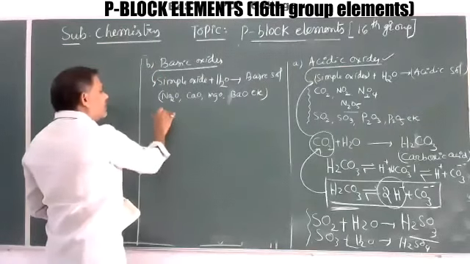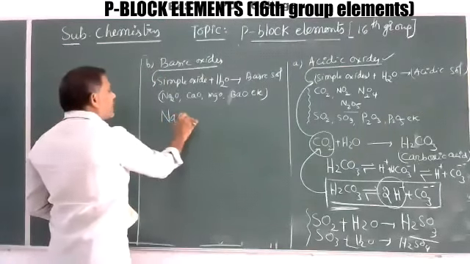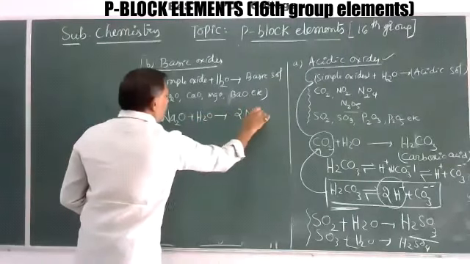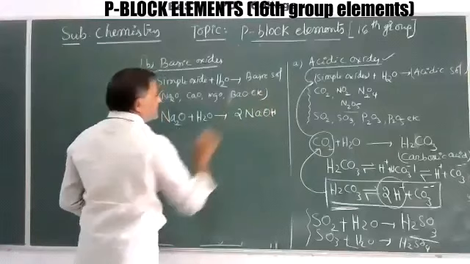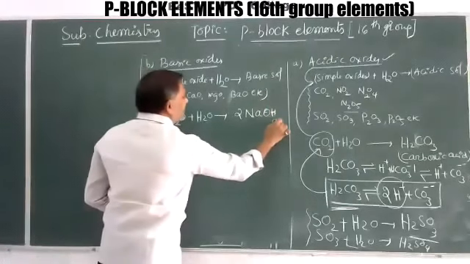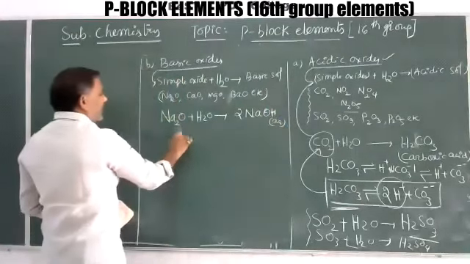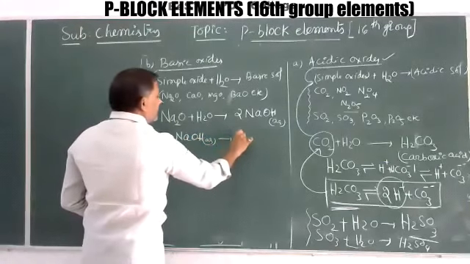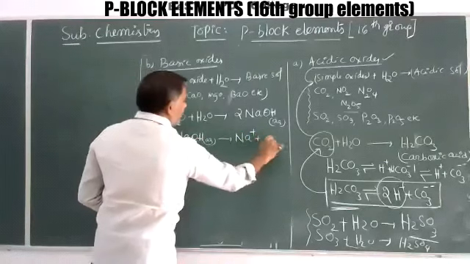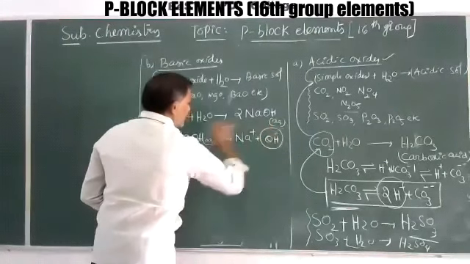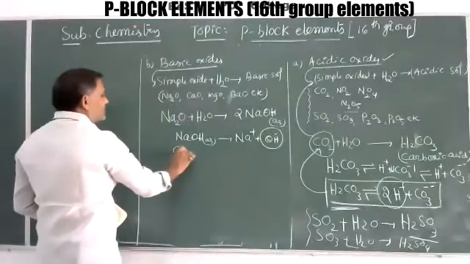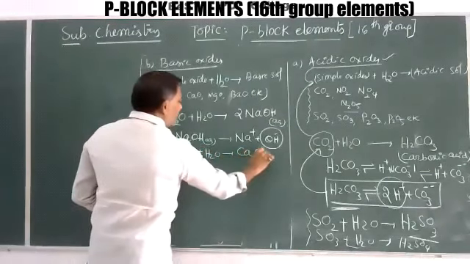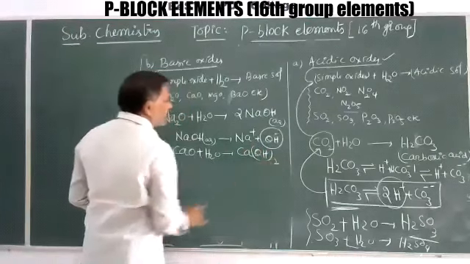Because when they are dissolved in water, like Na2O dissolved in water, it creates a basic solution, NaOH is formed. In aqueous medium, NaOH dissociates into Na plus and OH minus, it produces the OH group. CaO reacts with H2O and gives Ca(OH)2, calcium hydroxide.